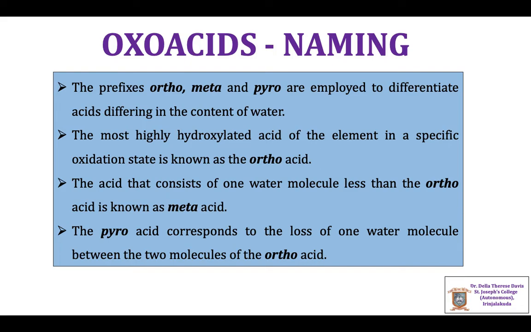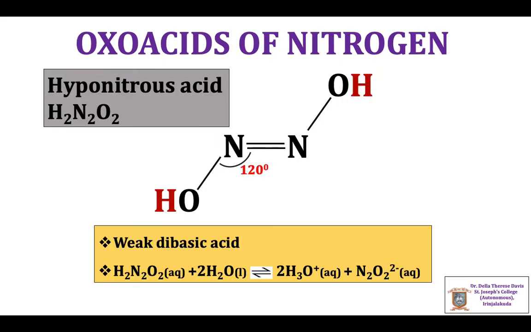Now we shall discuss a few acids of nitrogen and phosphorus. First one is hyponitrous acid or H2N2O2. It is a weak dibasic acid.